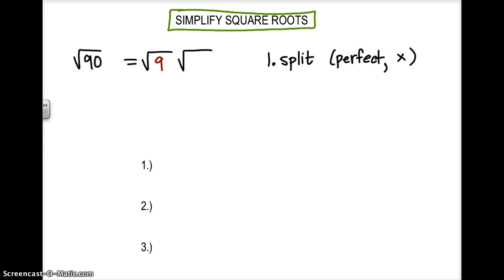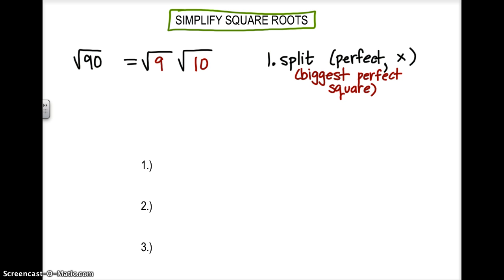To get 90, you take 9 times 10. So then 10 goes in the part that tells us what we multiplied. The easiest way to do this is to find the biggest perfect square that divides the number you are simplifying. That will make it easier.